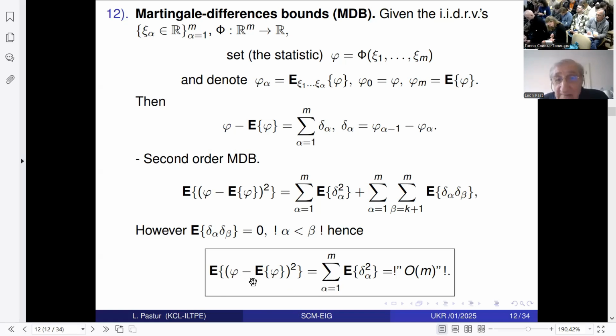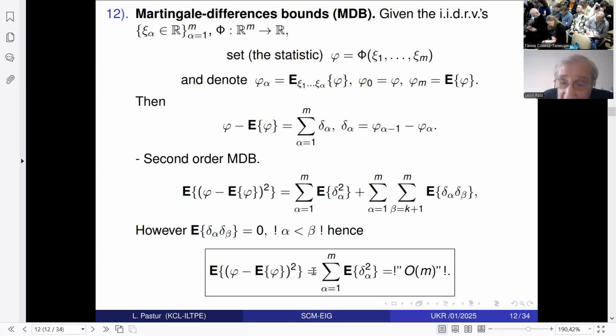Yes? So we have not a bound, but just this identity. So the variance, or just the second moment of the centered phi, is given by this sum. And it is quite non-trivial because superficially this expression looks to be of the order m squared because there is a double sum. But no, it is just m.